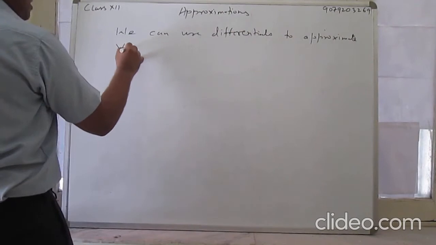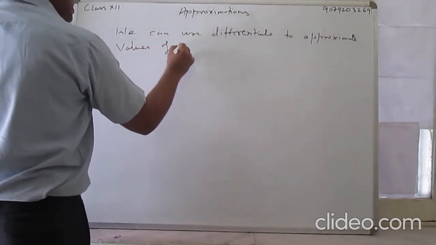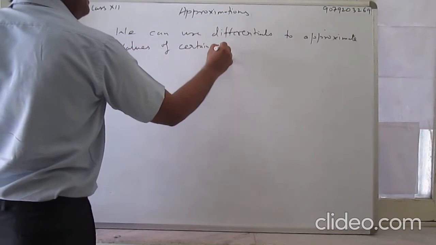approximate values of certain quantities.